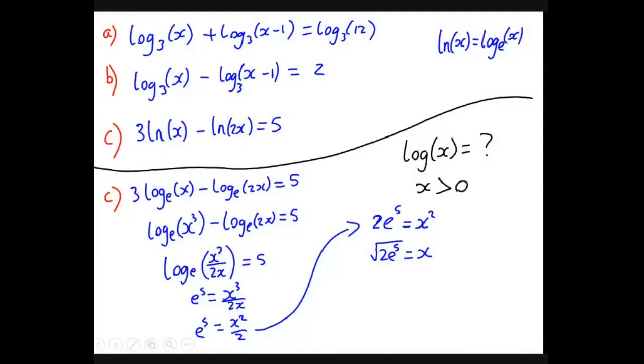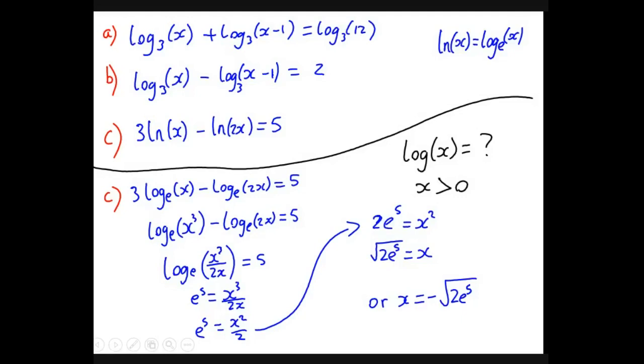Question: because it's x squared, could I have the negative square root as well? What do people think? Wait, no. A negative squared will make it positive, but you can't have the square root of a negative number. Can I have that?